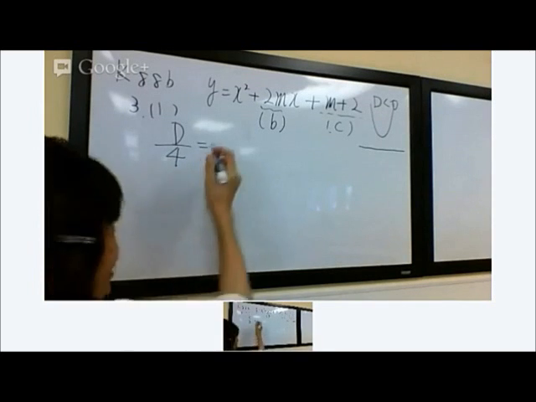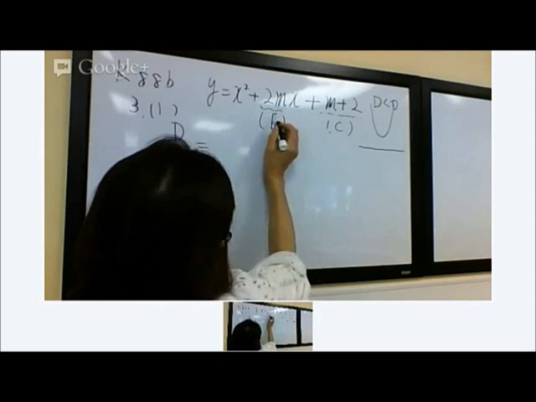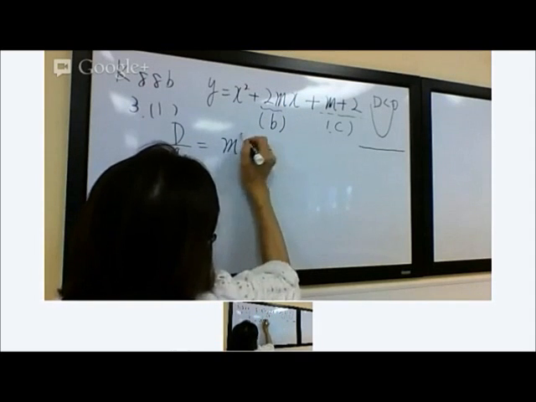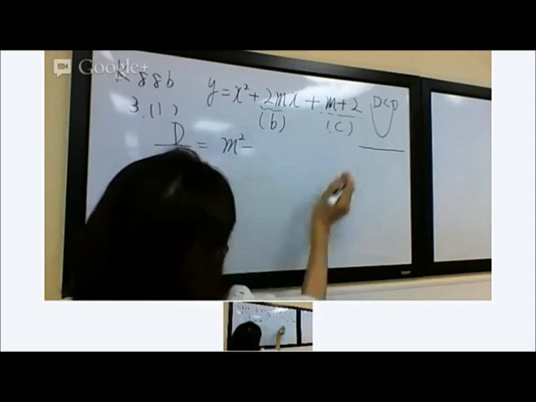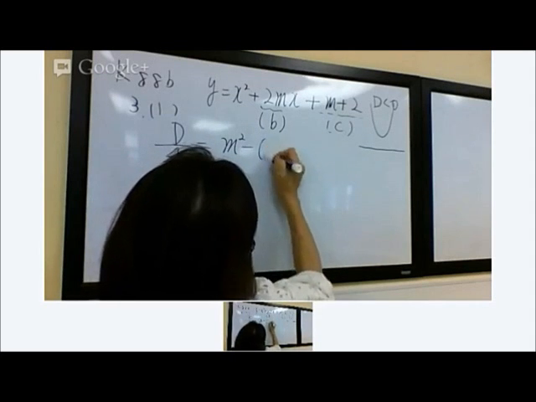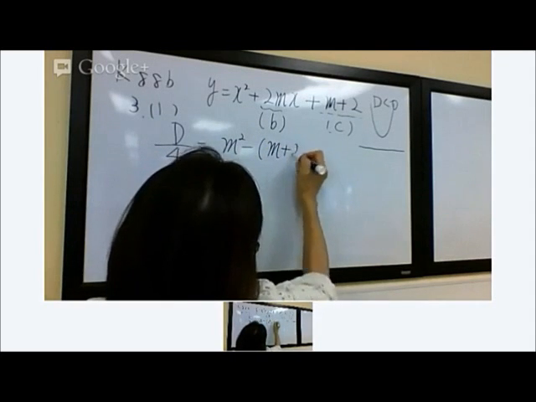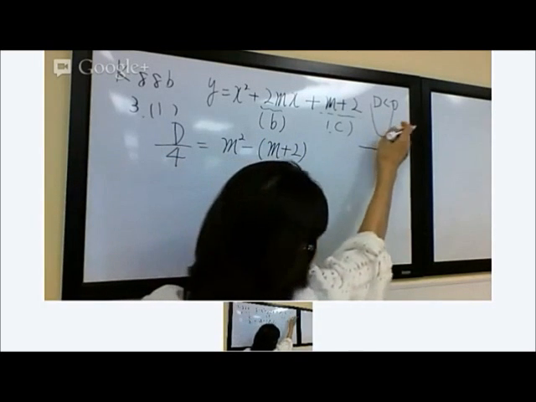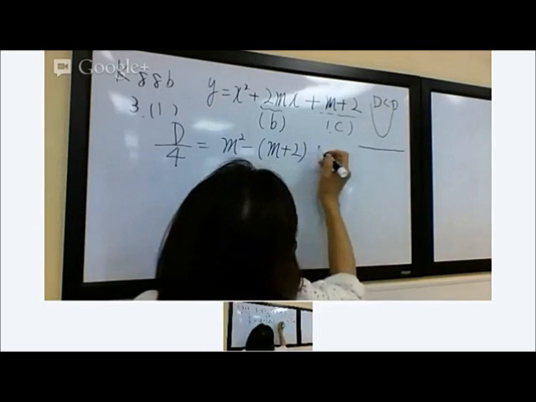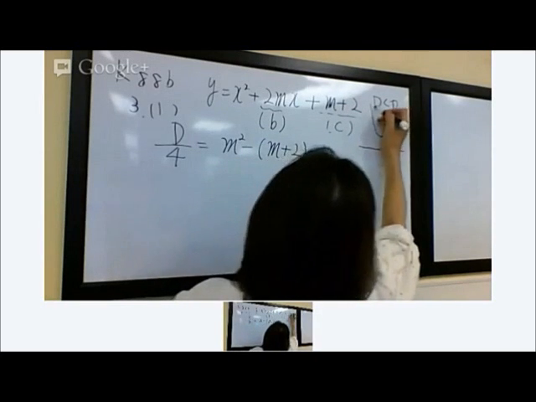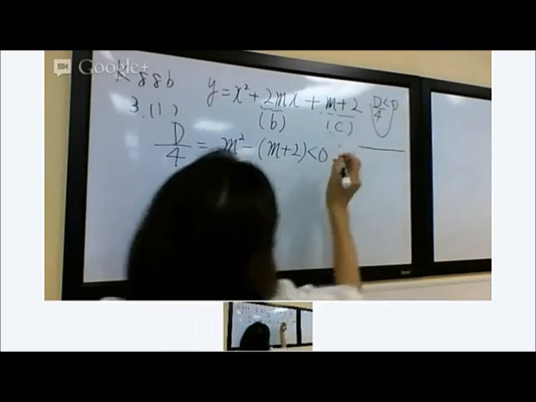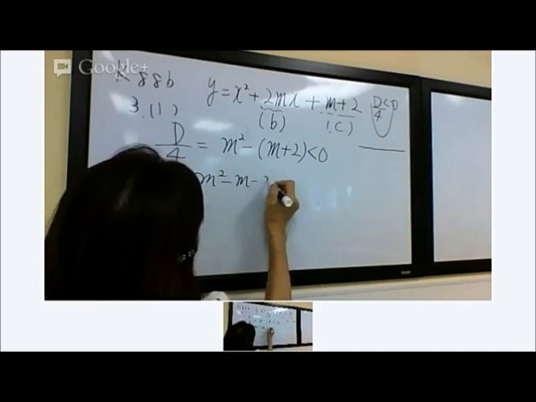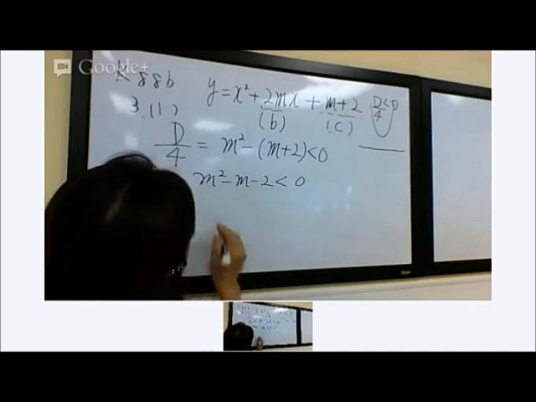Okay, we do the D over 4. So B prime squared, so m squared minus AC, no more 4. AC is m plus 2. It needs to be less than 0. D over 4, so m squared minus m minus 2 is less than 0.